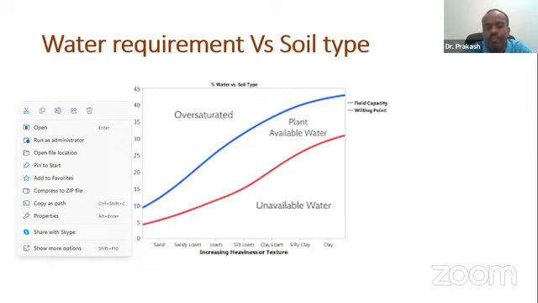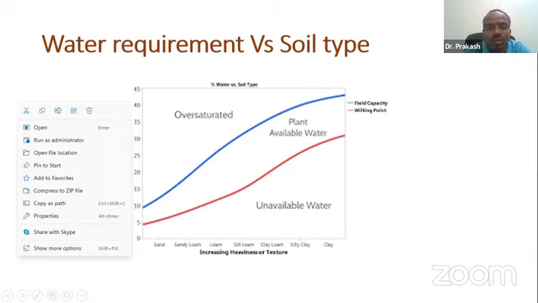There is a medium requirement in the loamy soil, and the days required for clay soil are more in the clay soils. So depending on structure, plant available water increases from sand to clay soil. Field capacity as well as wilting point depend on the soil texture and structure.